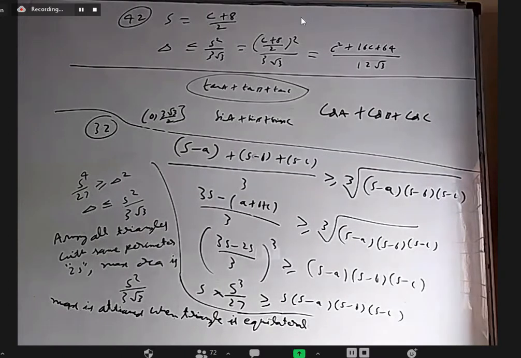You can also say two things close to 90, one thing close to 0. You can take 89.9 degrees, 89.9 degrees, and 0.2 degrees. Then that 0.2 degrees will be tending to 1, and the ones tending to 90 will become 0. 2 zeros and 1. That is also 1.